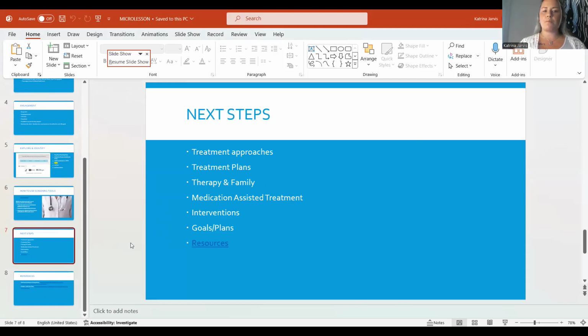Next steps would be treatment approaches, a treatment plan, question to involve family or therapy, medication assisted treatment, interventions, goals and plans, and plenty of resources.